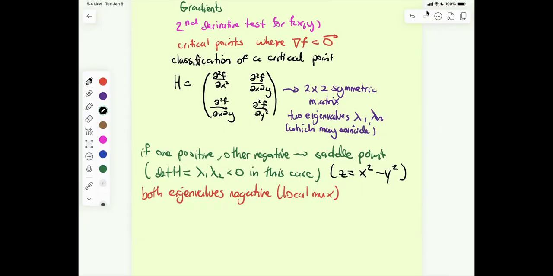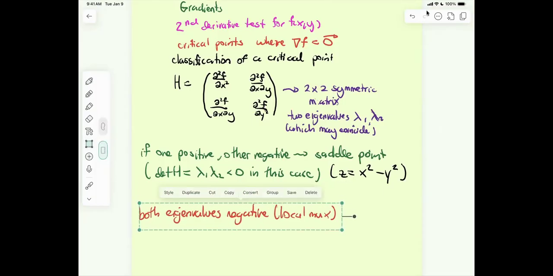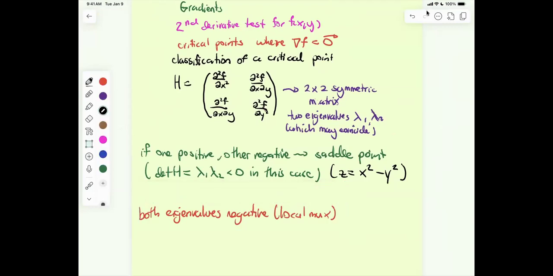For the first one, the Hessian matrix is 2, 0, 0, -2. Because it's diagonal, the eigenvalues are just the diagonal entries. So in that case, it's very easy to see that the determinant has to be negative. I'll just put the Hessian matrix right below it.